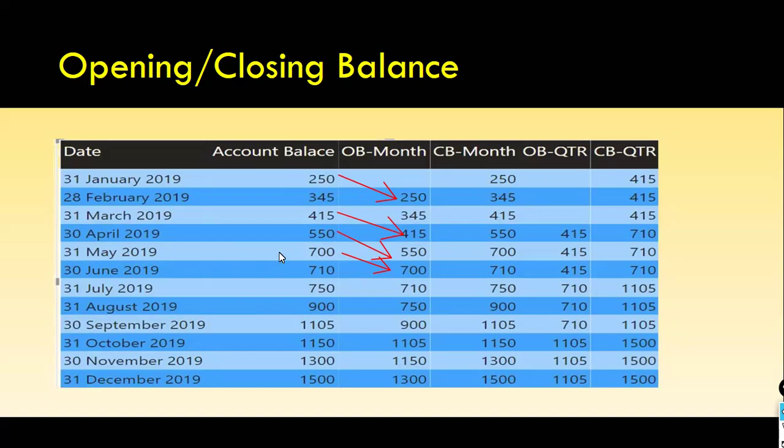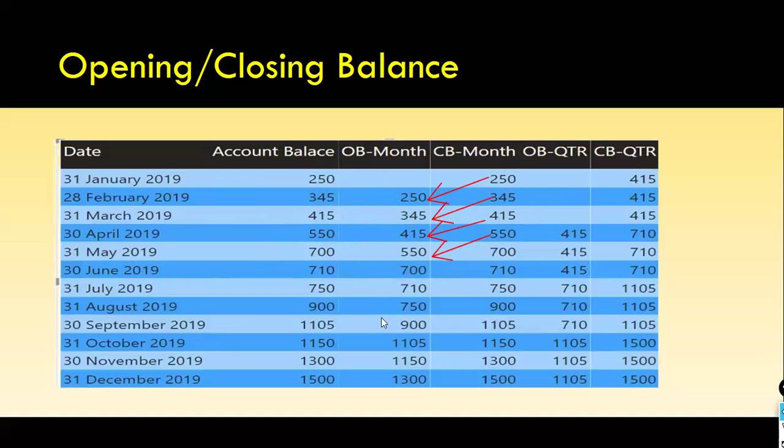Accounts guys, bank guys, right? Every month's opening balance is nothing but the previous month's closing balance. Sorry, I should have written it like this. My opening balance for February was the previous month, January's, closing balance. Yeah, this is how we should mention it here.